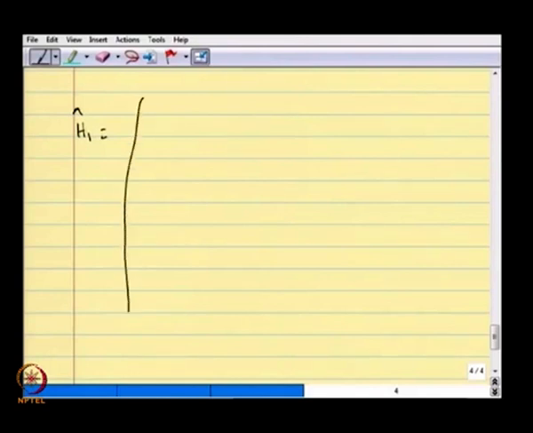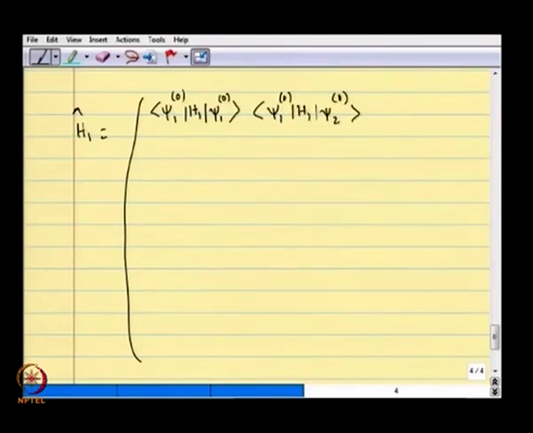We wrote the matrix element psi 1 0 H1 psi 1 0, and this first row, the second element was psi 1 0 H1 psi 2 0 and so on, as many basis functions. So if you have an infinite basis set, this matrix is an infinite dimensional matrix.